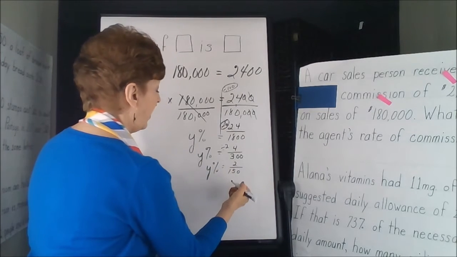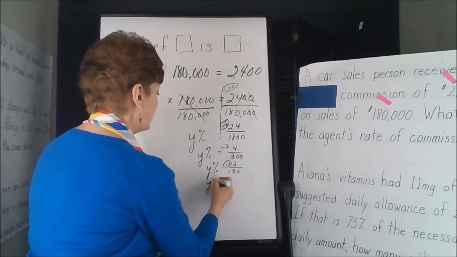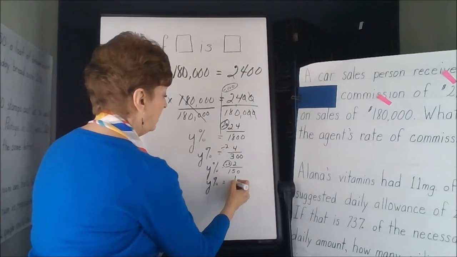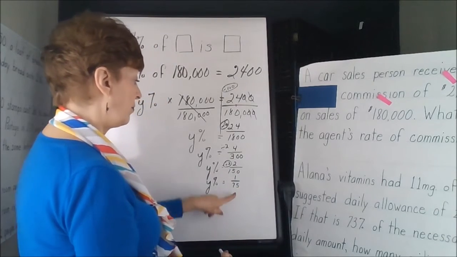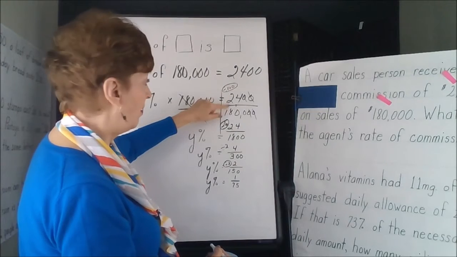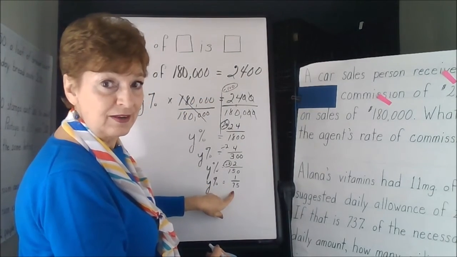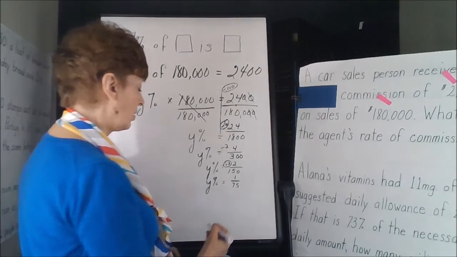They're still both even numbers, so 2 works again. Y percent is equal to 1/75. Now, we've reduced or renamed our fraction from 2,400 over 180,000 to 1/75. That's a lot easier to work with.